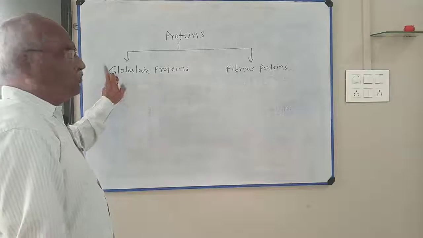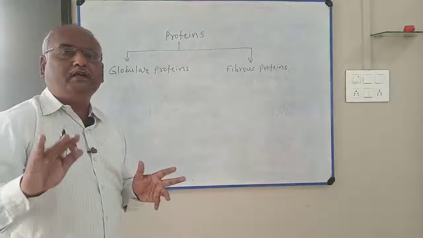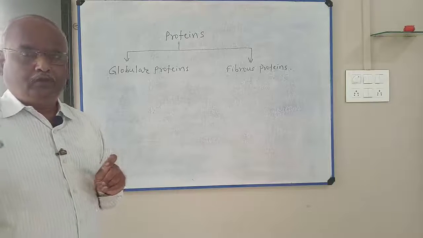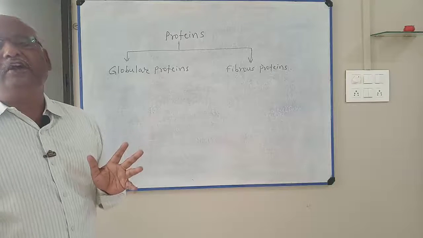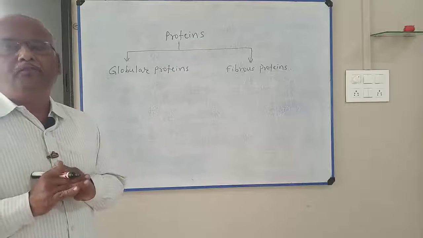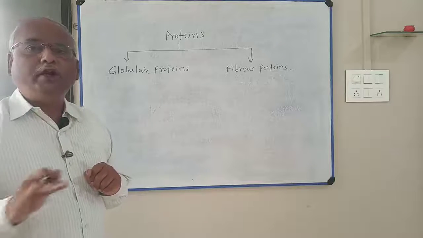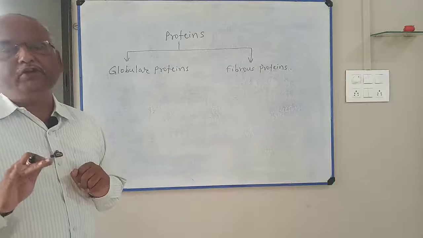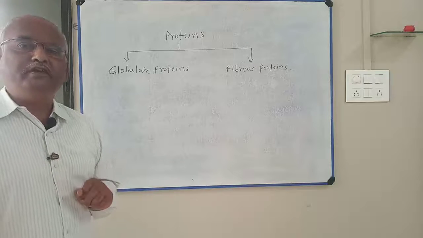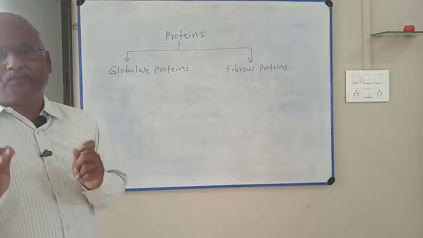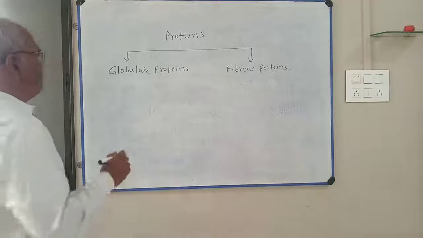Globular proteins have spherical, elliptical or oval shape. They are formed by coiling of polypeptide chain. They are soluble in water.